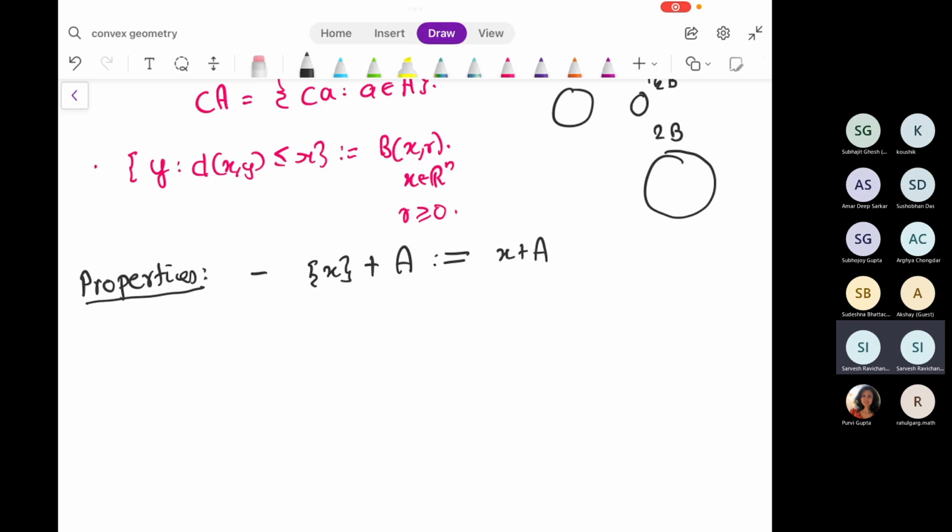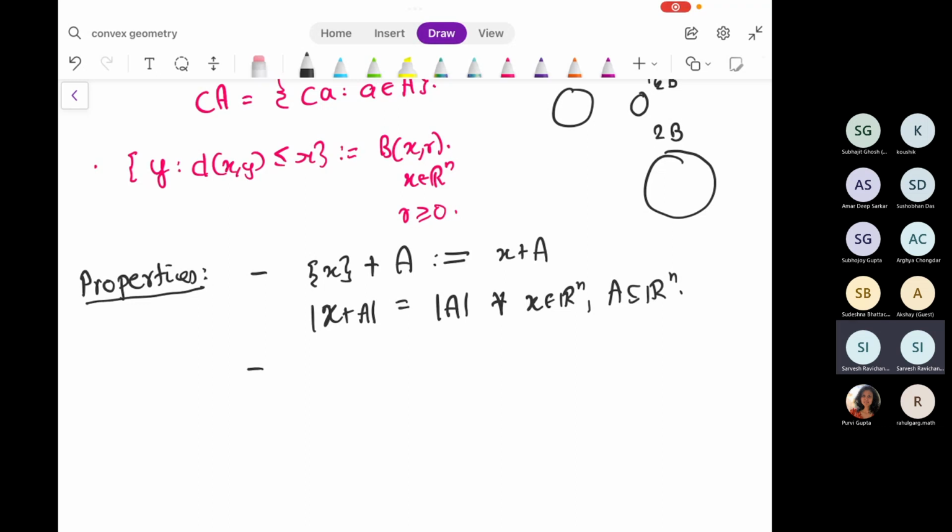So that is translation by a single element. We'll remove the set notation from the element. But the point is, because of translation invariance of the Lebesgue measure, the volume of x plus A is just the volume of A for all x in Rn and A subset of Rn. So that's translation invariance, which is important because that's why the Lebesgue measure is integral to what we're trying to do.